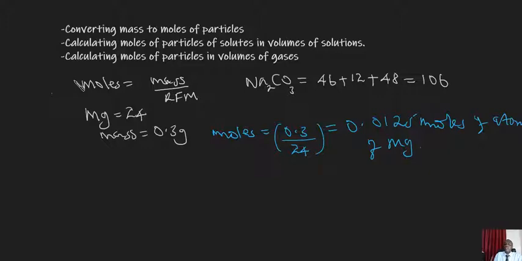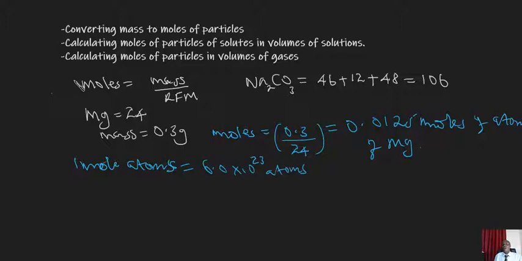But if you want to get individual atoms in this piece of metal, since the number of moles is 0.0125, we will simply multiply that by Avogadro's constant. And 1 mole of atoms or any particles is equal to 6.0 times 10 to the power 23 atoms.